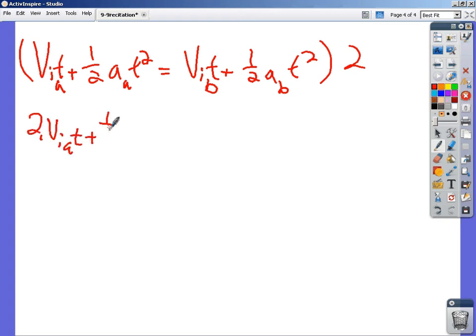Okay, we're trying to solve for t. The best way to do this algebraically is to move everything to one side of the equal sign, because every term has a t in it. So we can't isolate the t by moving half of it to one side. We have to put everything on the same side.